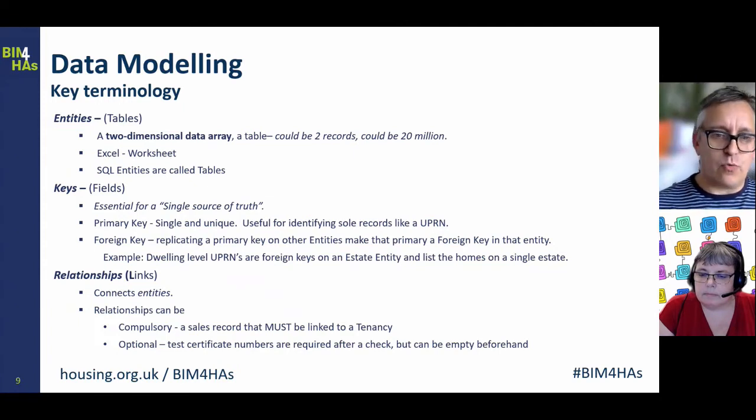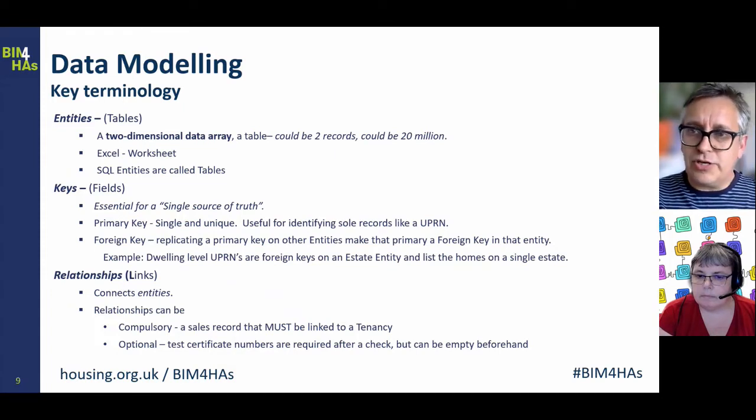But there are optional ones where, for example, if you're testing your boiler, the test certificate number is only required after you do the test or after you do a particular type of check. But before that, these things can be empty. So there's a huge amount of depth. Those are just a couple of examples to illustrate what an entity, a key, and a relationship is. These will be referred to a couple of times in the rest of the presentation.